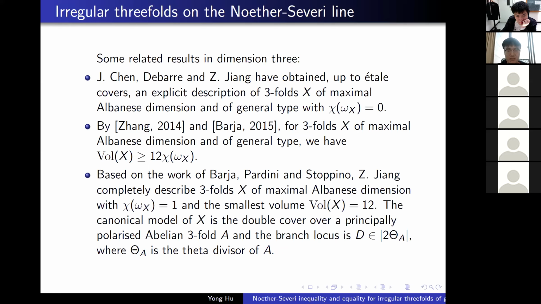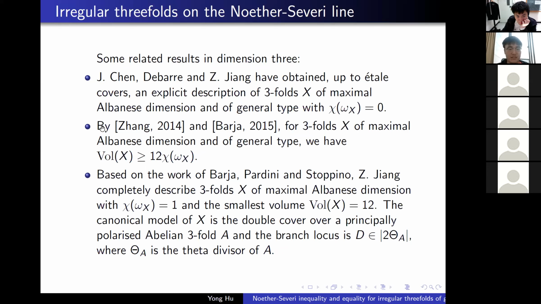Later, Green and Noether-Severi constructed counterexamples, and Yong-Kai Chen and Zhijie Jiang's result proves that up to étale covers, Green and Noether-Severi's examples are the unique examples.